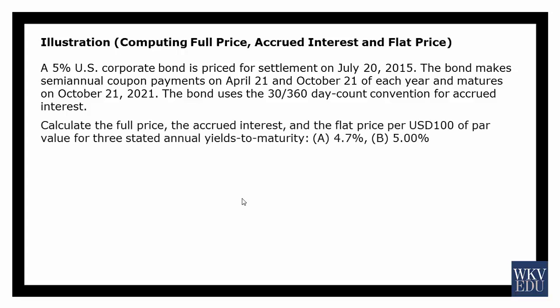We need to calculate the full price, the accrued interest, and the flat price of the bond for two yields to maturity, 4.7% and 5%. So, with the help of the formulas discussed earlier, I would want you to try the solution. Pause the video, try the solution, and then we can move ahead.